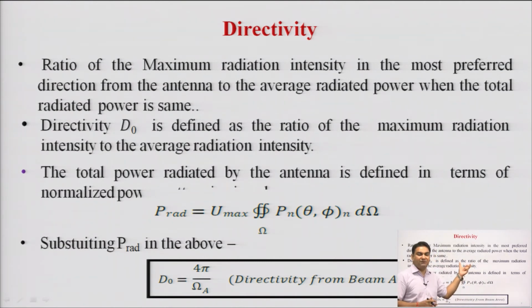Directivity D naught is defined as the ratio of maximum radiation intensity to the average radiation intensity. The total power radiated by an antenna is defined in terms of the normalized power pattern, and that is given like this. Substituting P radiated in the above, D naught is equal to 4 pi upon omega A. This is the directivity formula for a particular subtended solid angle.